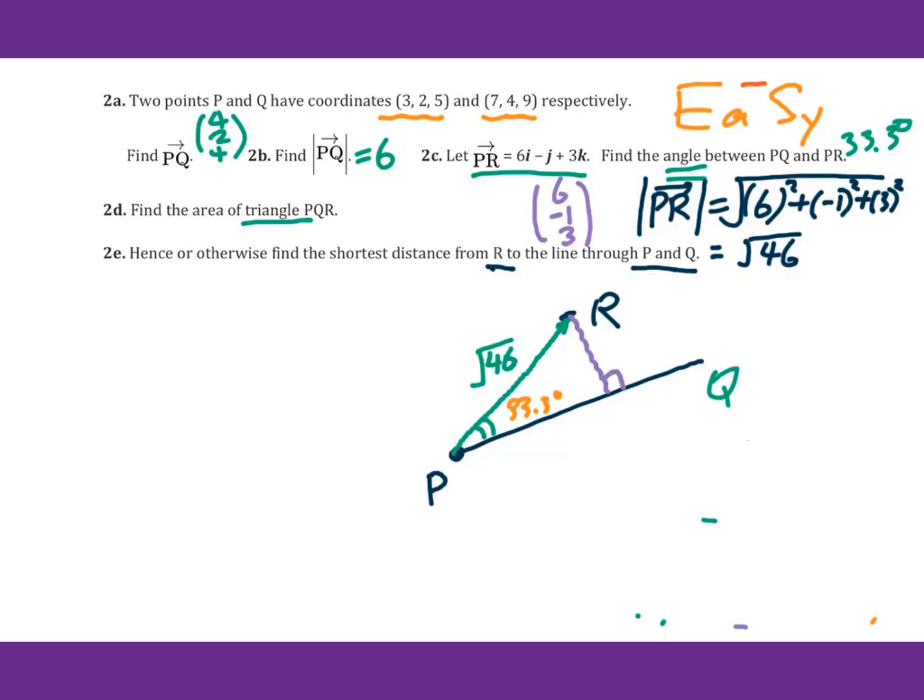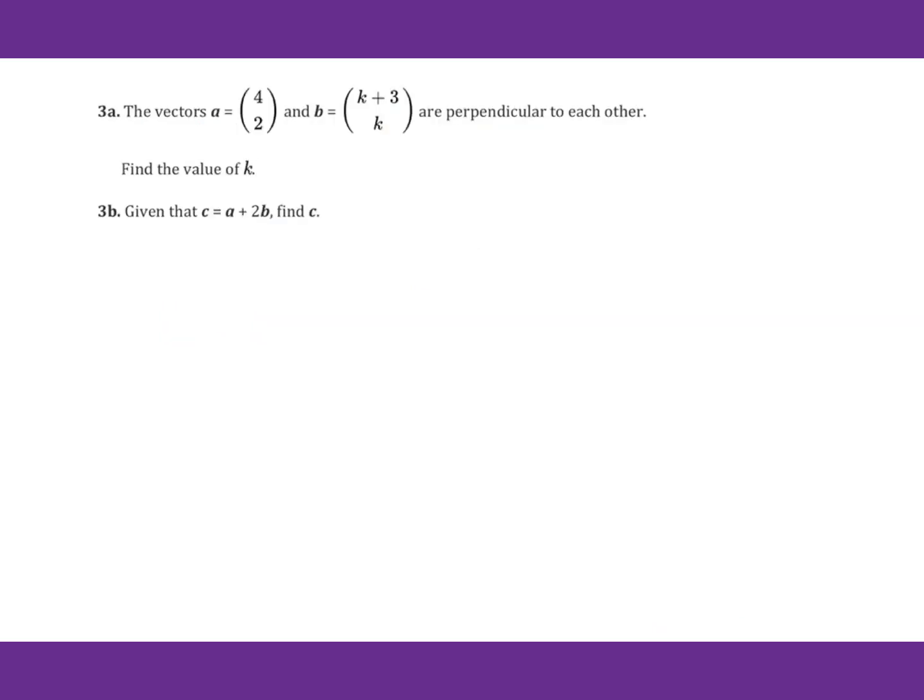So we can use SOHCAHTOA. Suppose this is H. H equals the square root of 46 times sine 33.3 degrees, which equals 3.73.